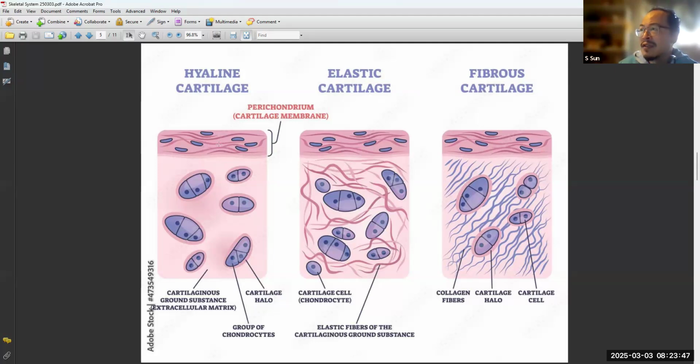You have the chondroblast, and that will migrate into the cartilage to become the matured one, the primary one. And then you can see that this one has produced the matrix. So that's one group of the family members in the skeletal system.